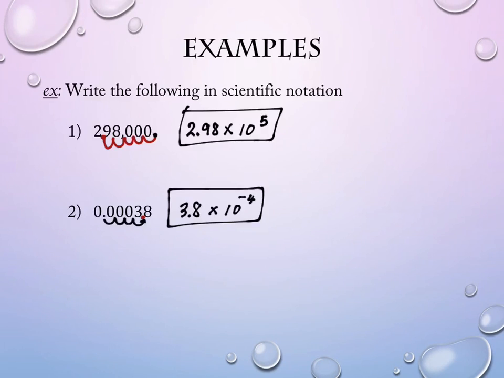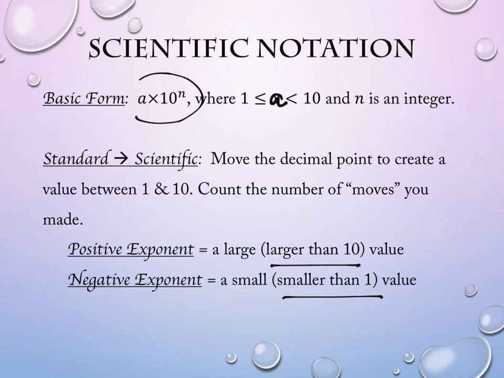But in this section, our goal at the end is to always have it in this form, which means that negative exponents on the power of 10 are perfectly acceptable. It is worth noting again that that exponent is still always a whole number, positive or negative. I'm not going to have a decimal or a fraction or anything like that. That won't happen when I'm working in scientific notation. Okay, any questions? All right.